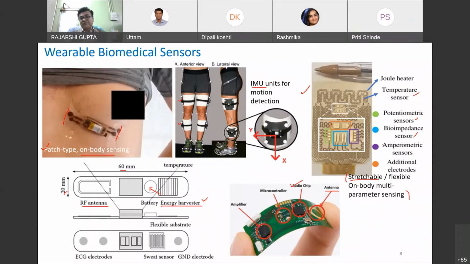So two things are to be considered. One is that there should be no adverse effect on the skin. Second, it should be stretchable so that it is not detached during exercises or any other activities.